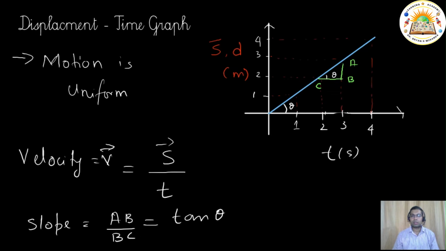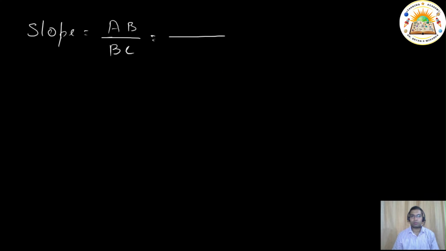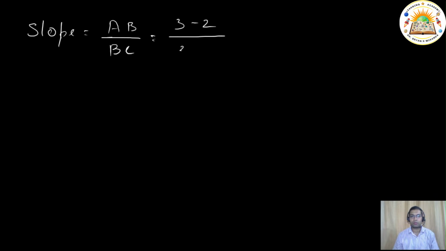Now let us look at substituting in this. So the slope is given as AB by BC. We can take, let's say, AB is nothing but 3 minus 2, and BC is again 3 minus 2.